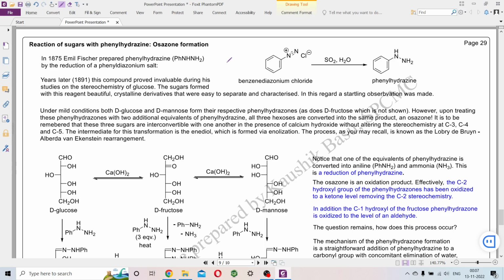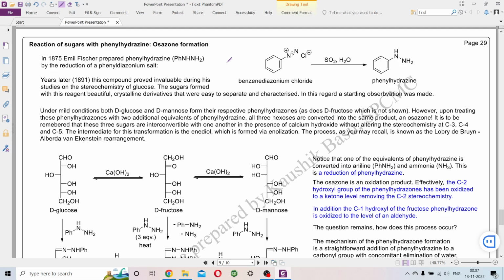However, Fischer observed that if carbohydrates, monosaccharides, are treated with excess phenylhydrazine, then they form beautiful crystals. And not only that, there is a tremendous observation: glucose, fructose and mannose were known to be different compounds.